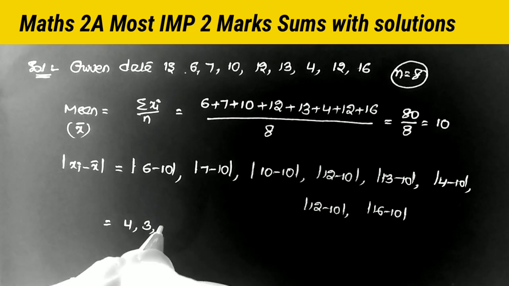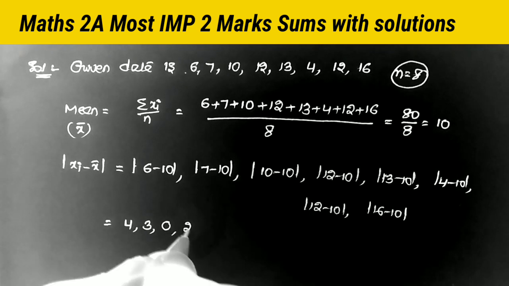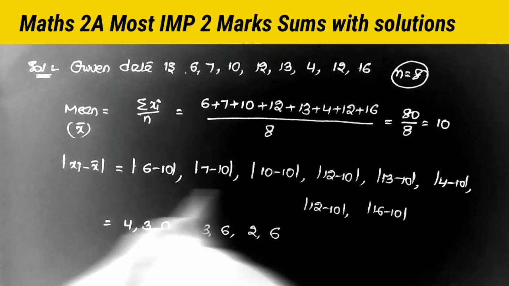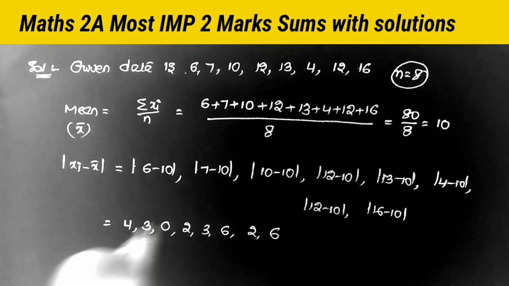So the deviations are 4, 3, 0, 2, 3, 6, 2, 6.